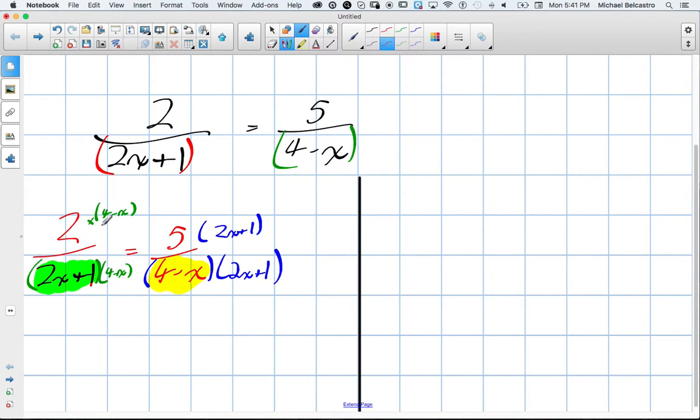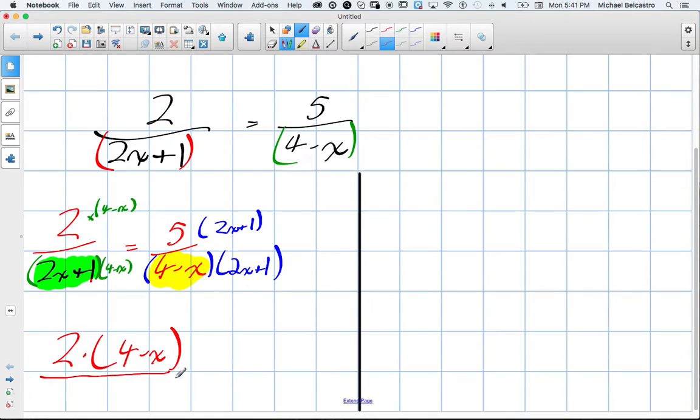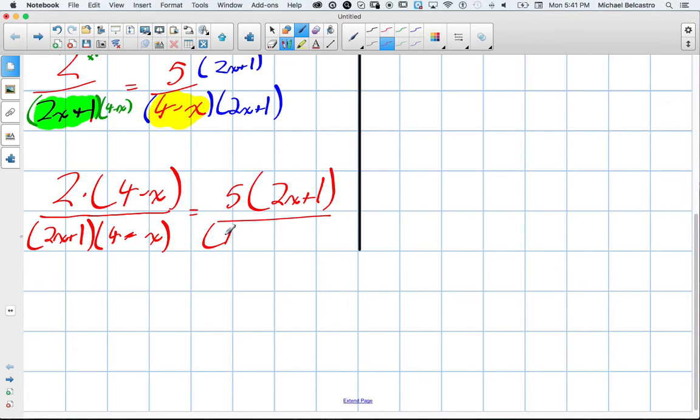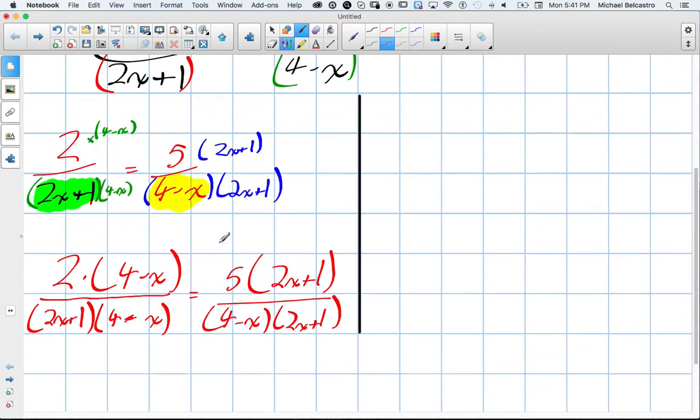So when I go about doing that, I'll end up with 2 times, and I'm not going to distribute it yet, just because I want to show you how they are the same thing, over 2x plus 1 times 4 minus x is equal to 5 times 2x plus 1 over 4 minus x, 2x plus 1. Okay, so I got this great information here.